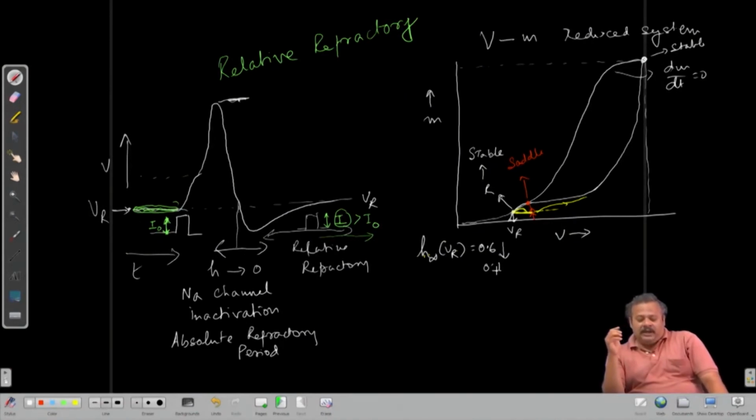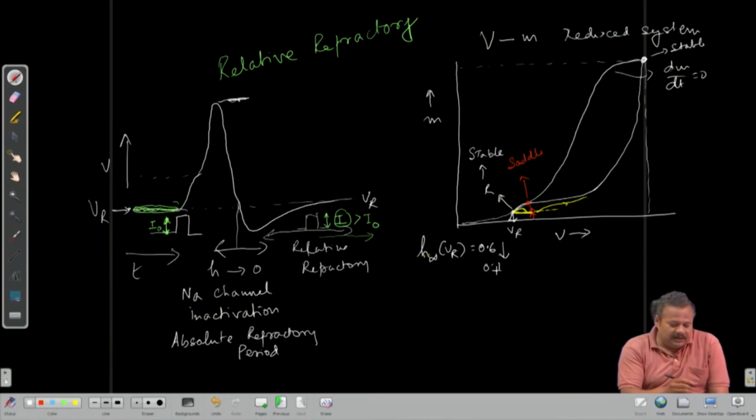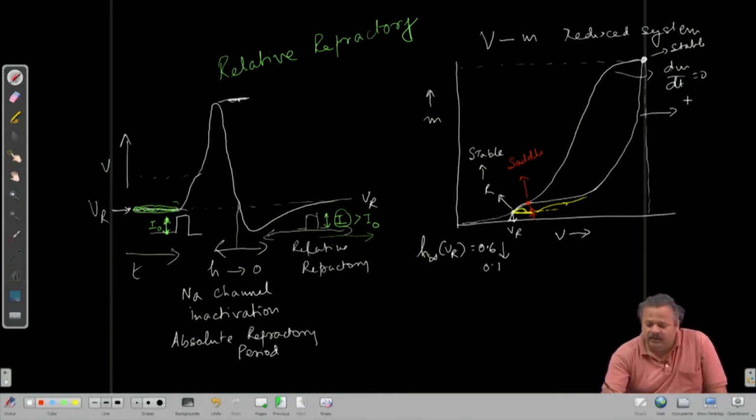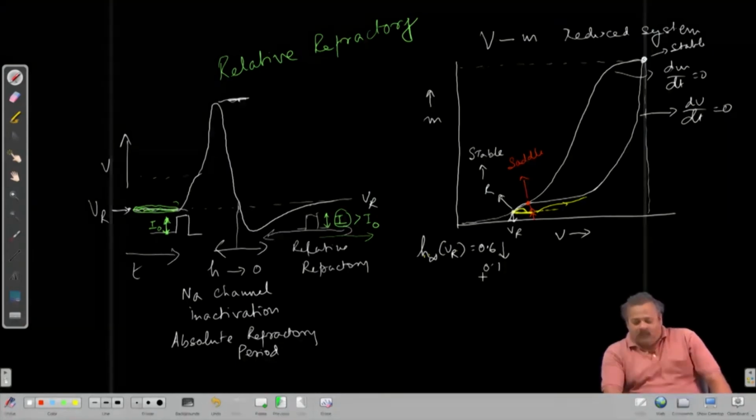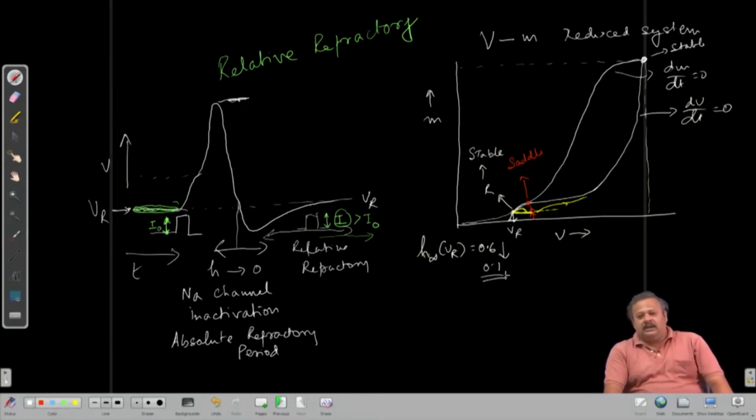Then we can plot the corresponding dV/dt equals 0 curve, or the V null-cline, with the new value of H. What we will see is that there is a shift upwards in the dV/dt null-cline.